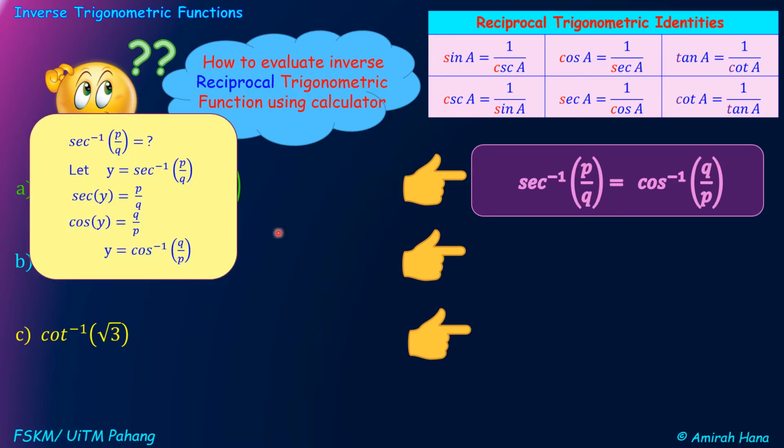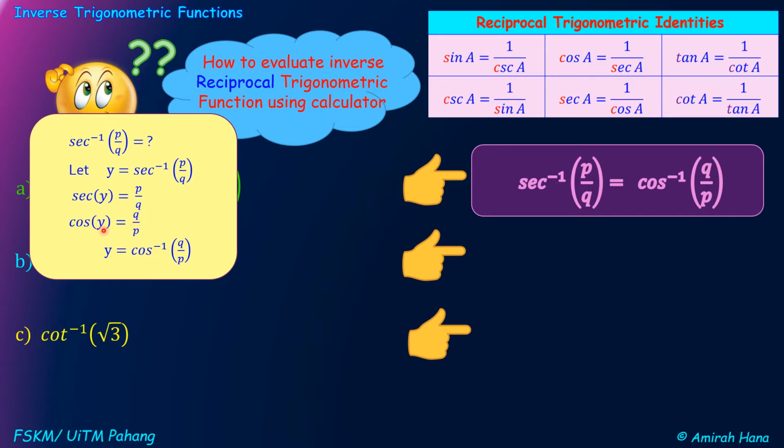How do we get this? Let's say we have inverse sec P over Q, and we write equals question mark. Let y equal inverse sec P over Q. Then we move inverse sec to the left hand side, so we get sec y equals P over Q. Since sec is a reciprocal function for cos, we can write cos y equals Q over P, exchanging numerator and denominator.